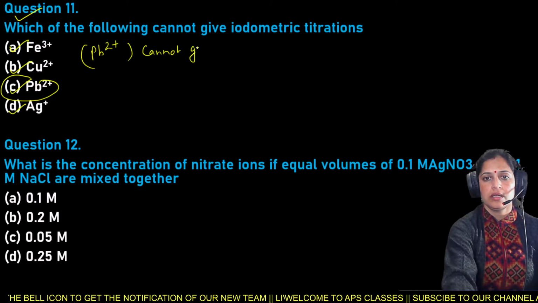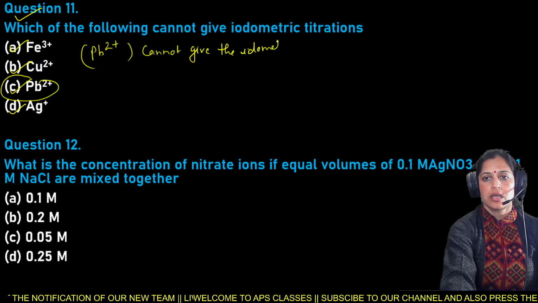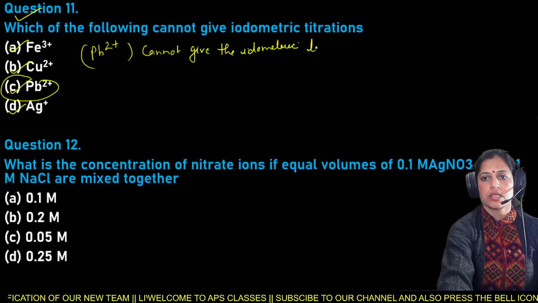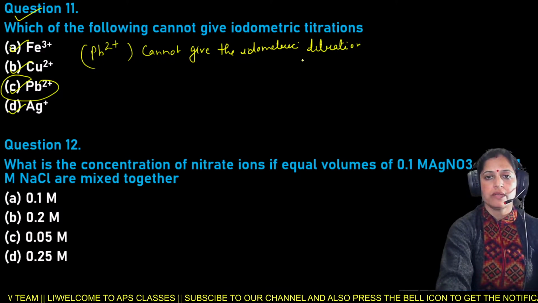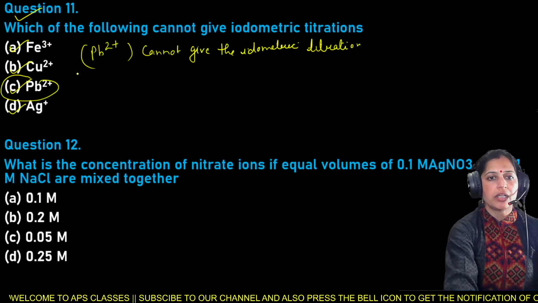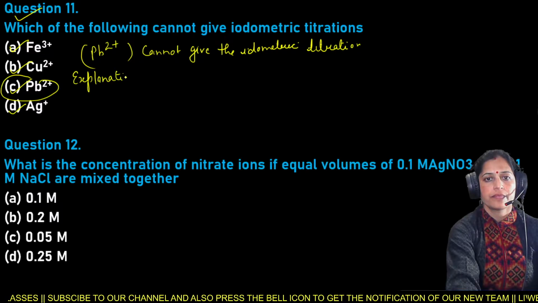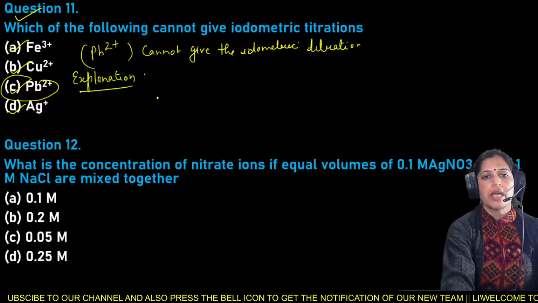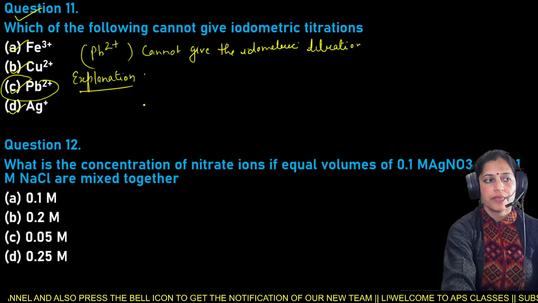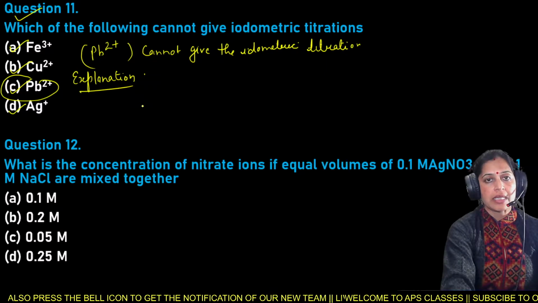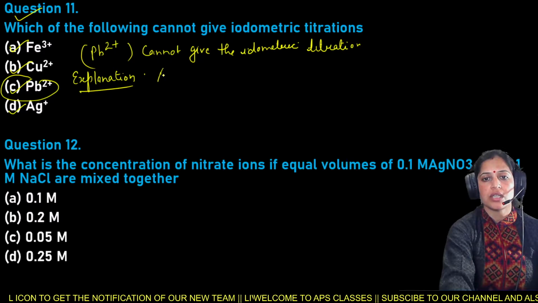So this is the right answer. But how can you say that Pb2+ cannot give the iodometric titrations? Here is the explanation. On the basis of that reason, we can say that Pb2+ cannot give the iodometric titrations.